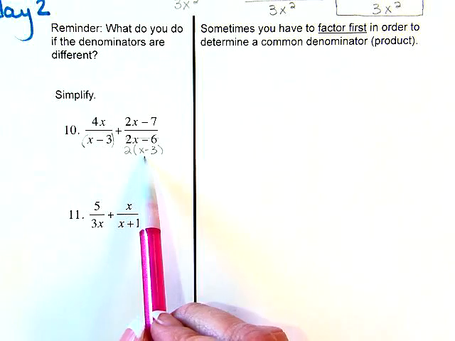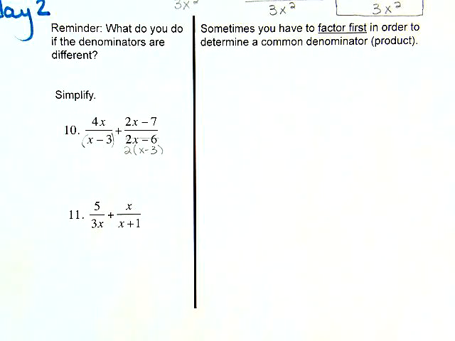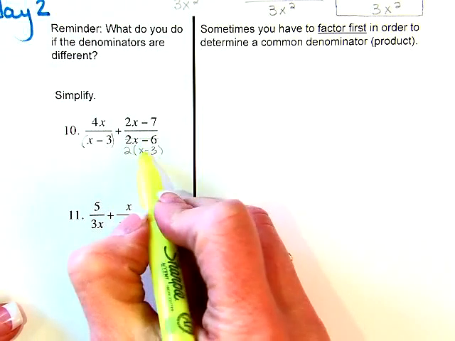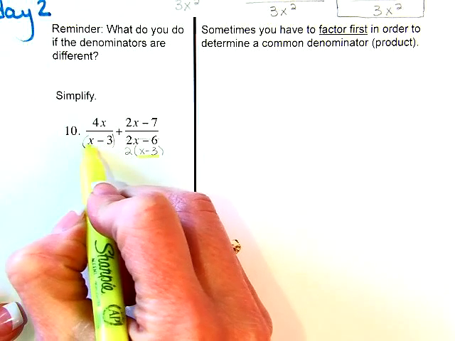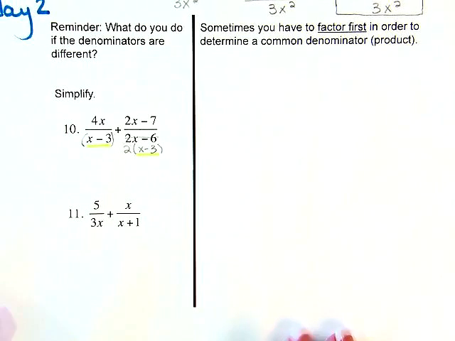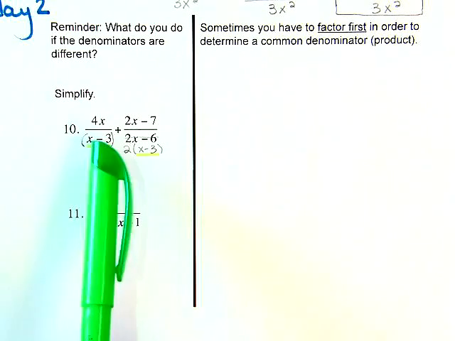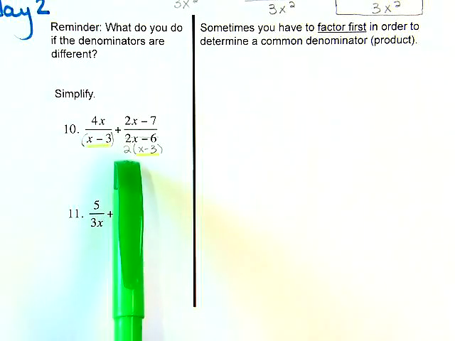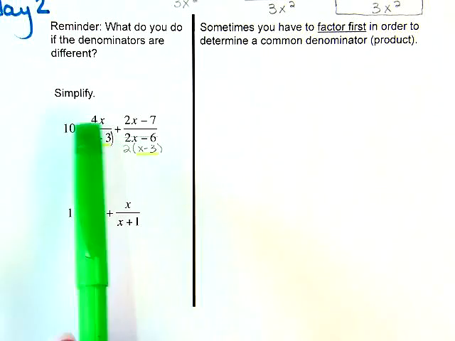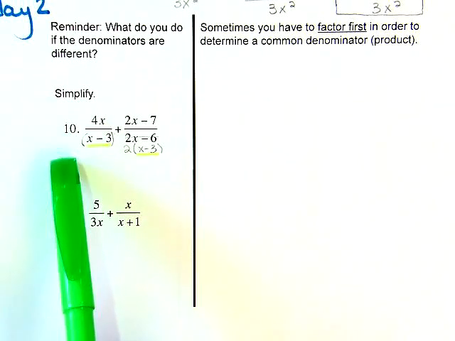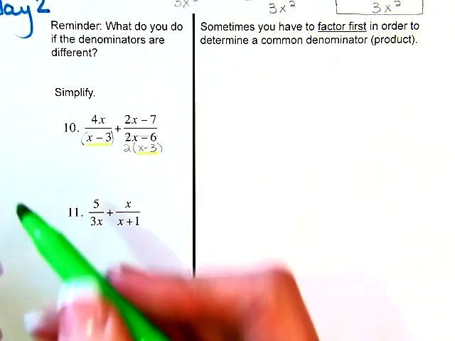If we look at these two denominators, I want you to notice that they both have a factor of x minus 3. So they're close to being identical, but not quite. This left expression is missing a factor of 2. So what I need to do is multiply the top and the bottom by a 2.